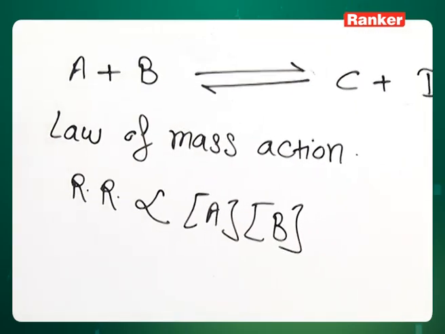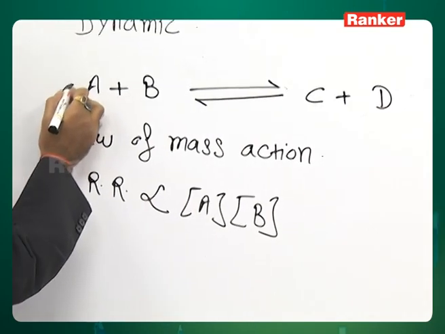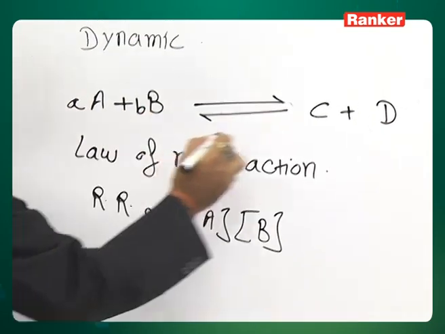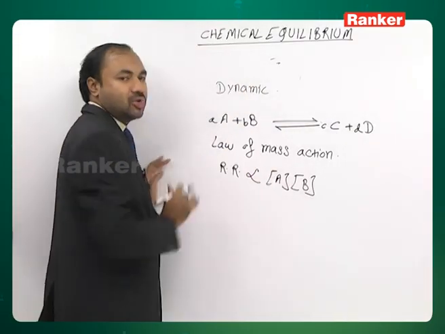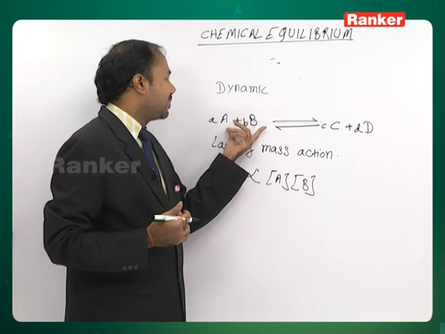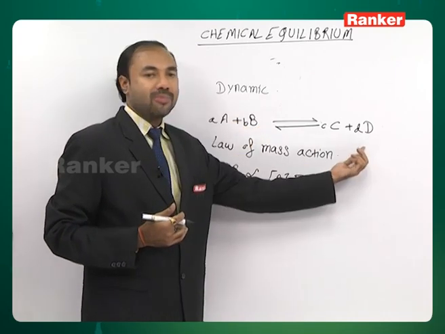We assume here that the stoichiometric coefficients are a, b, c and d. The small ones are stoichiometric coefficients, while the capital ones are reactants and products.